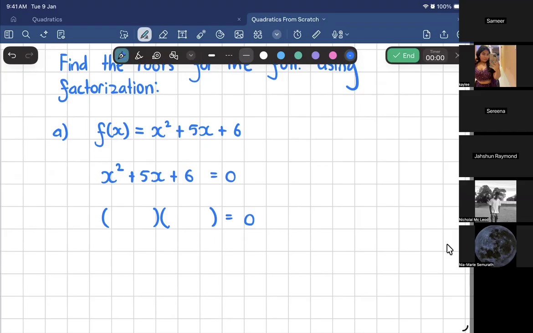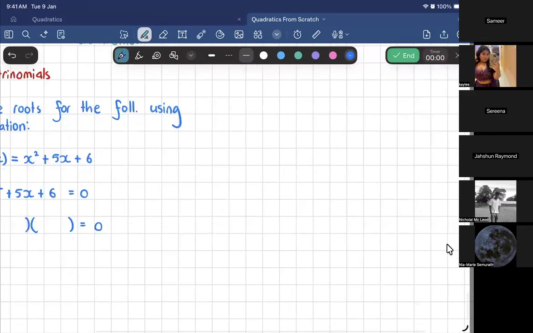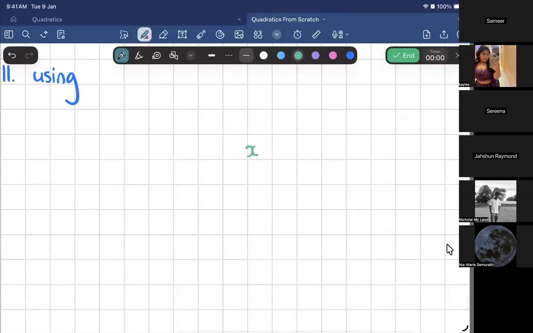Linear. So if you see x squared, you're dealing with a quadratic expression. And if you see x, that means you're dealing with a linear expression.